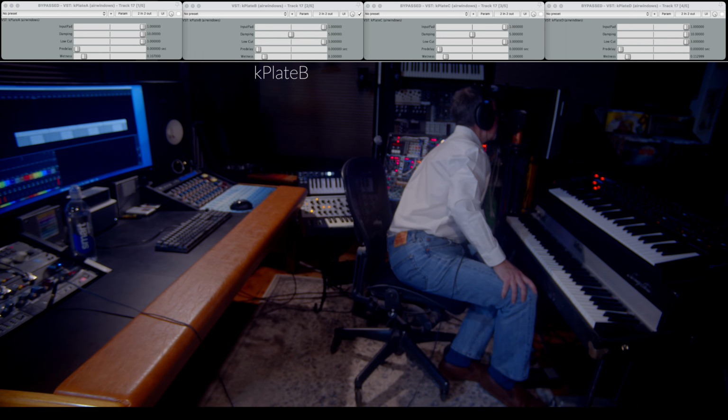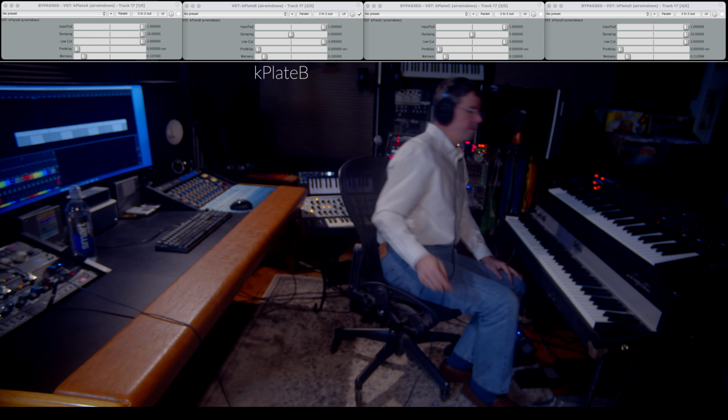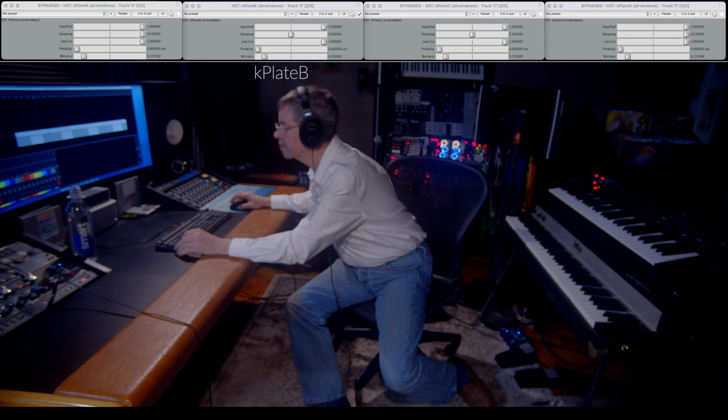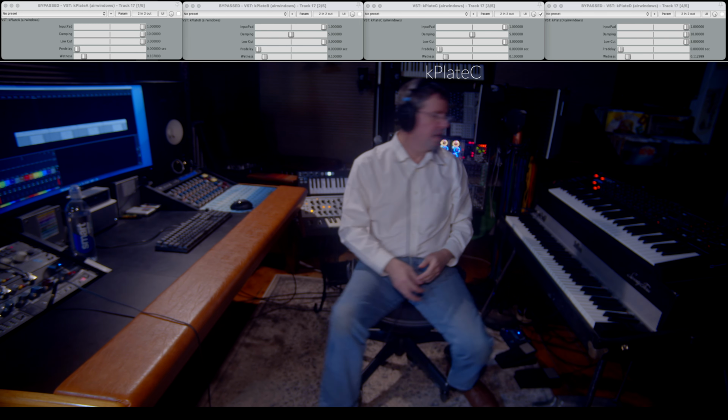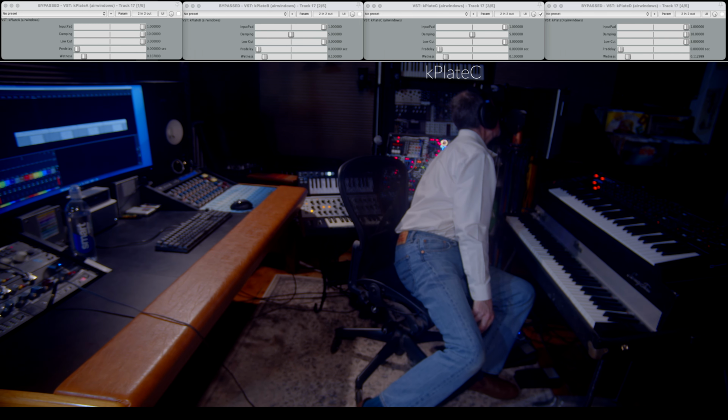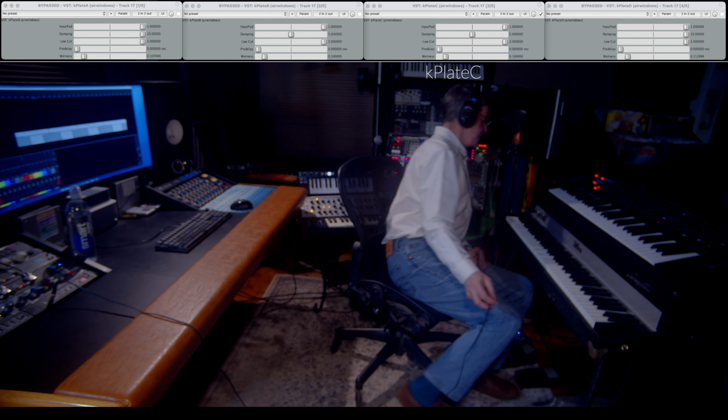You could use it for a lot of things, really. Has a nice sort of bloom to it. kPlateC is even sharper still. It's even quicker.